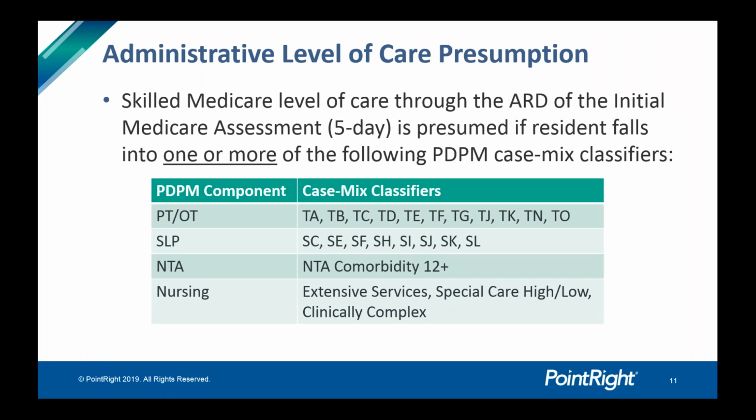Now there is also the administrative level of care presumption, and practically speaking, depending on your facility, you might not have to deal with thinking about this very much, but just to remind you, under the RUG system, and this is how it's been for years and years, administrative level of care presumption has assumed that when a resident qualifies for a skilled Medicare benefit and they come in your door, as long as they would RUG out anything clinically complex or higher in the RUG hierarchy, they're presumed eligible for Medicare skilled through the ARD of the Medicare 5-day assessment.